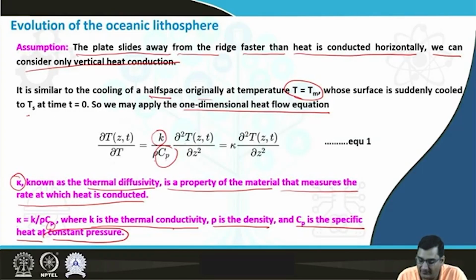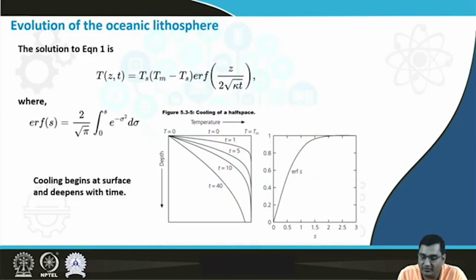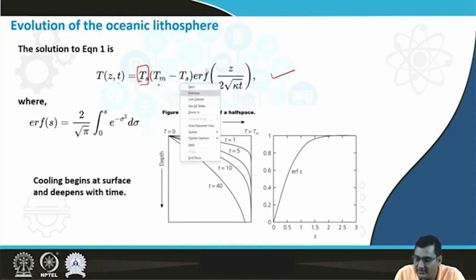And if you want the solution for this differential equation of one-dimensional heat flow, it may be represented by this expression. T as a function of depth z and time t is equal to Ts, the temperature at the surface, plus the temperature of the half space, that is the asthenosphere, minus the temperature of the surface, times the error function, with argument z by 2 under root kappa t.